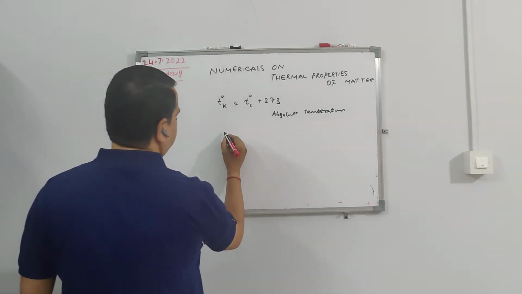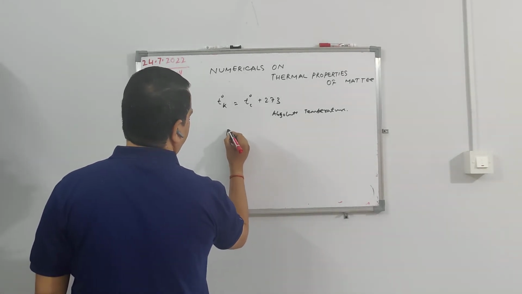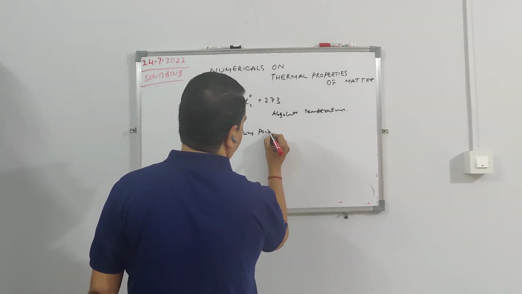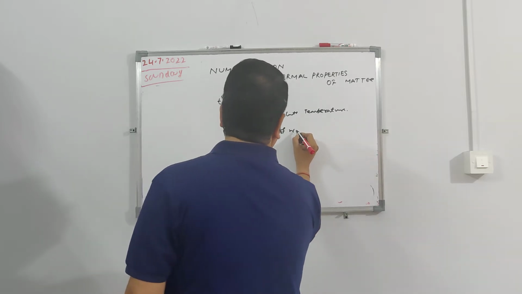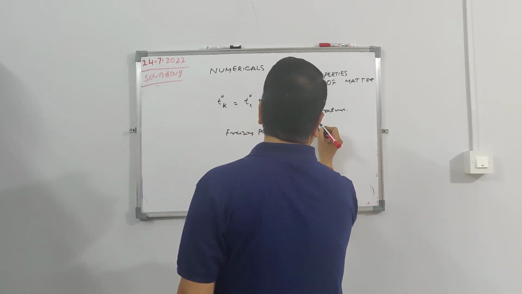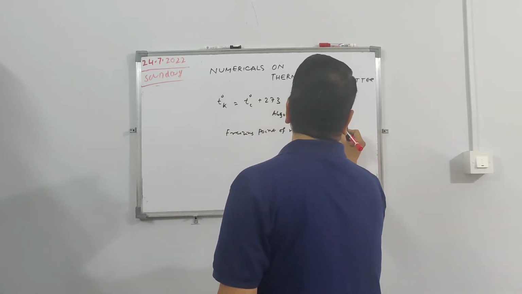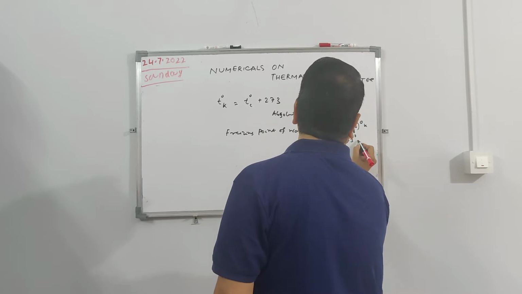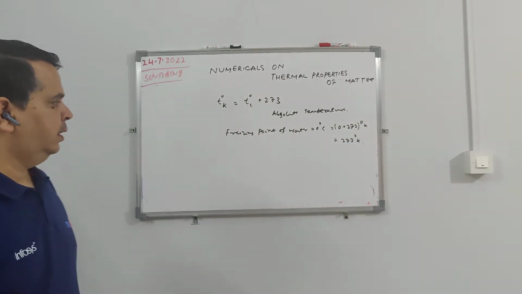Suppose the freezing point of water. Your freezing point of water is 0 degree centigrade. That means it is 0 plus 273, which is 273 degree Kelvin, the freezing point.